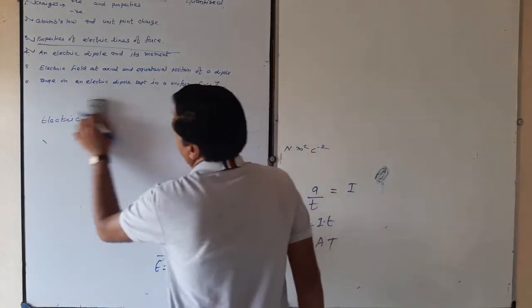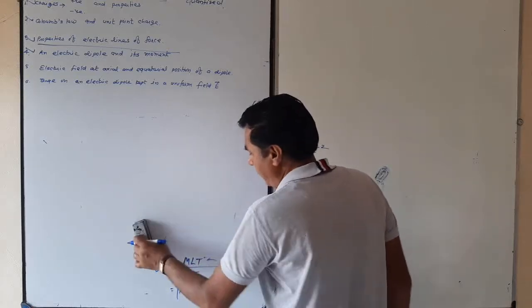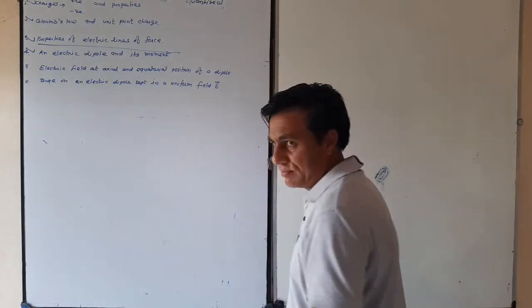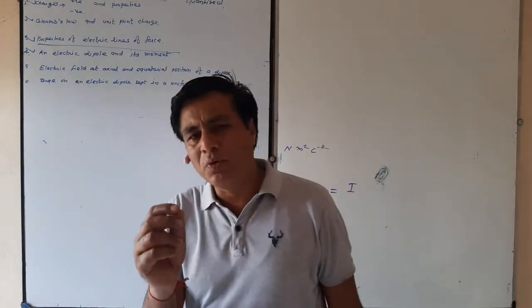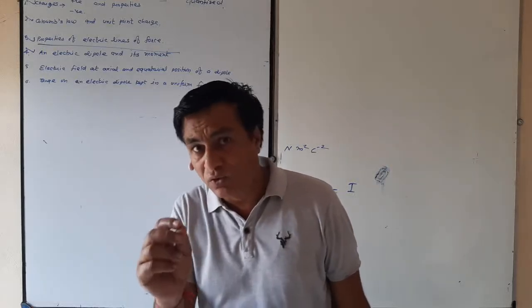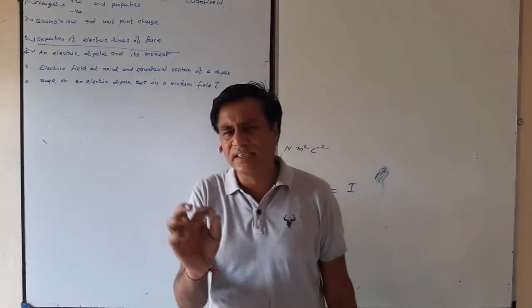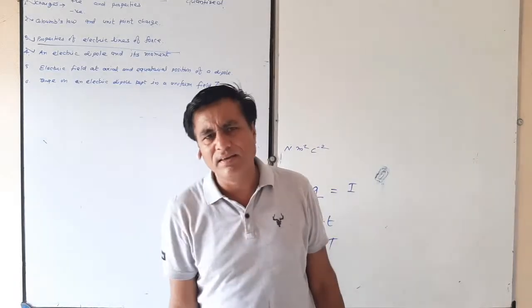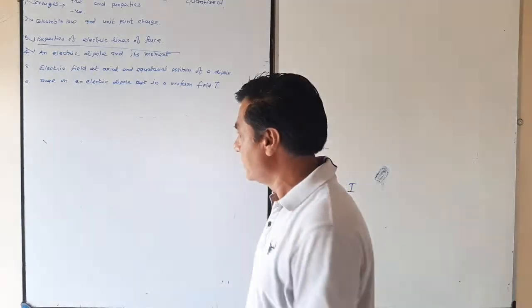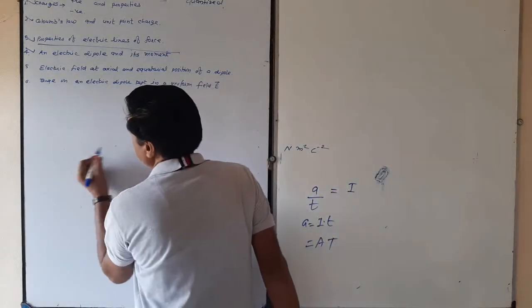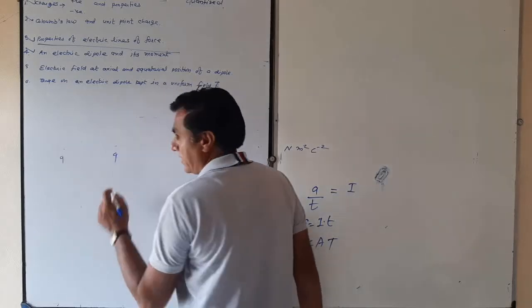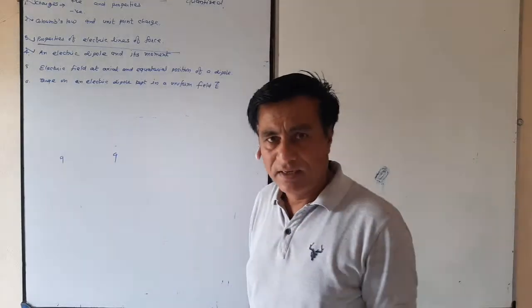Now, an electric dipole is a system containing two equal and opposite charges separated by a small distance. It can be seen in our insulator molecules.